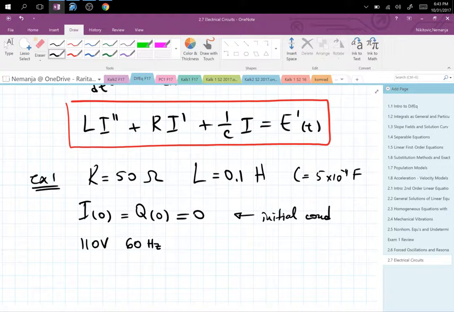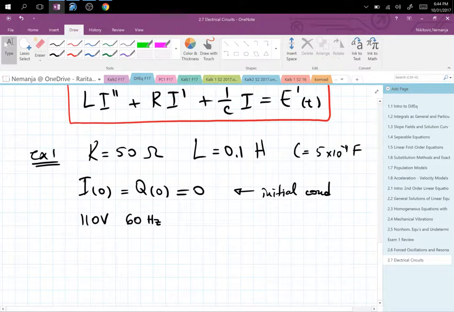No, I talk about this is phase shift. How do you know it's alternating current? All right, 60 hertz, which is a frequency.